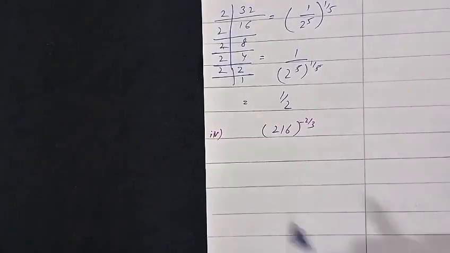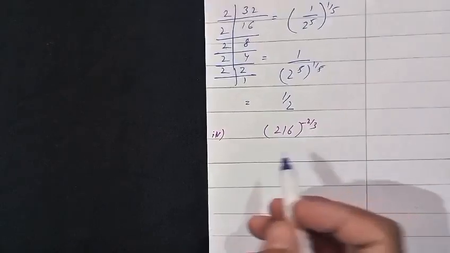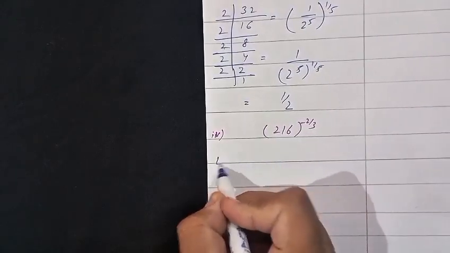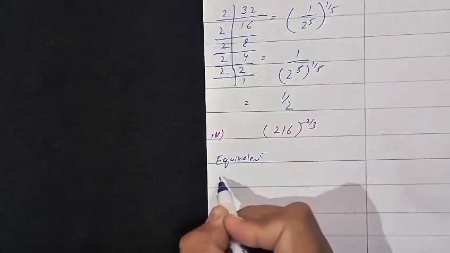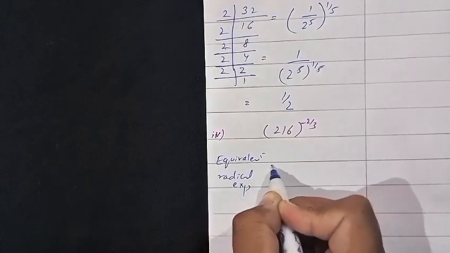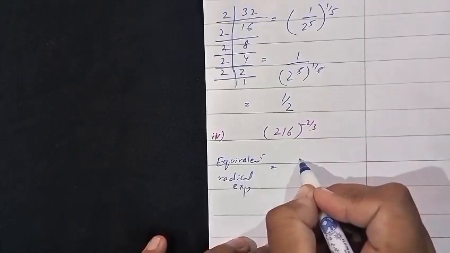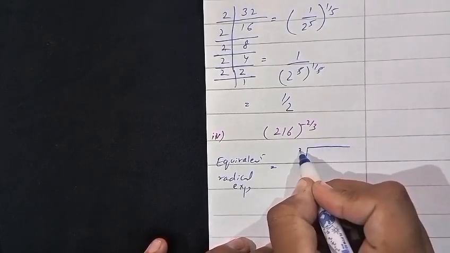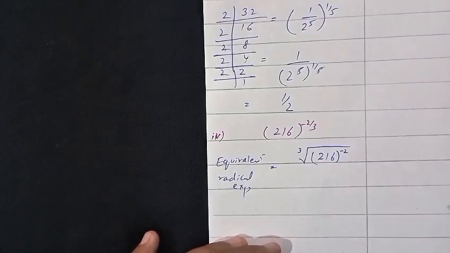Fourth part is the exponential expression with the negative exponent minus 2 by 3. So first we write it as an equivalent radical expression. Here 3 is the index and 2 is the exponent of 216, so we write it as cube root of 216 with the exponent minus 2.